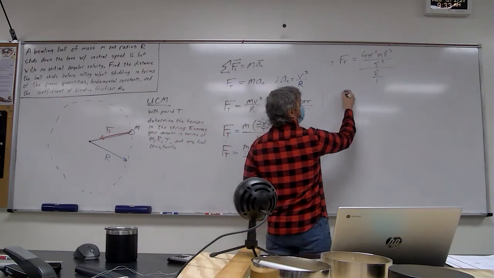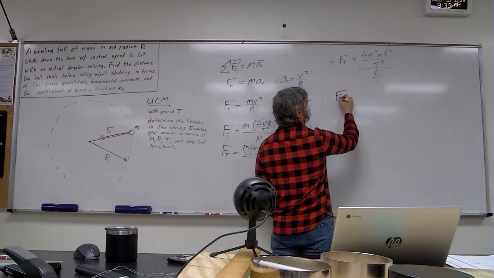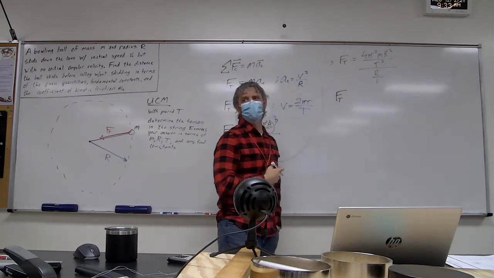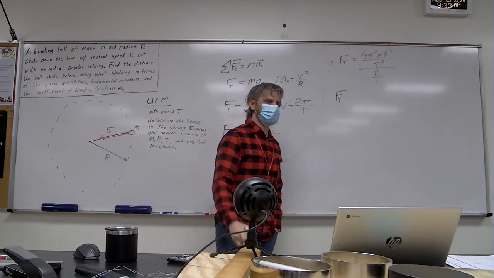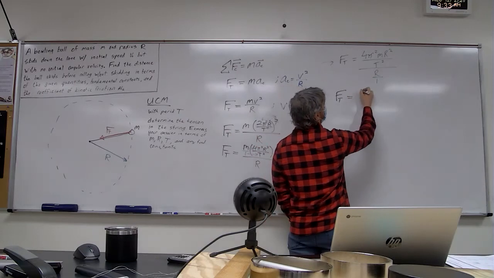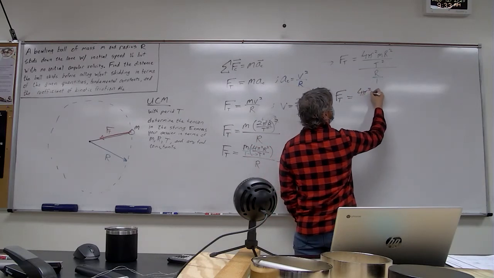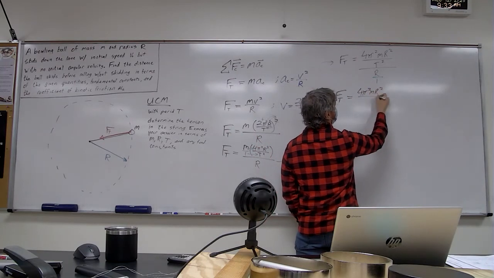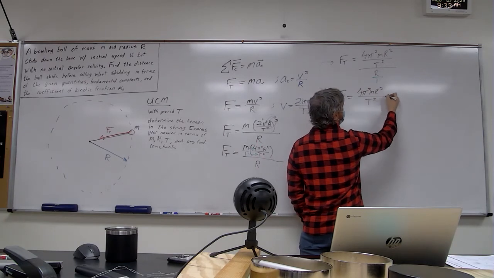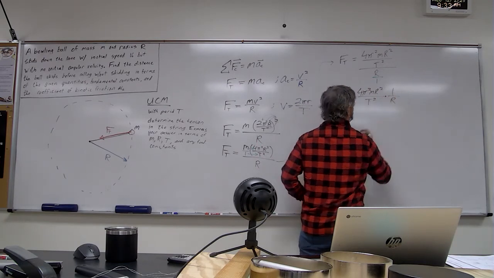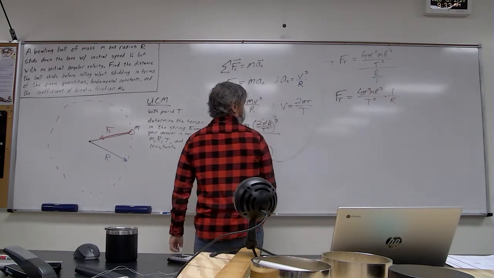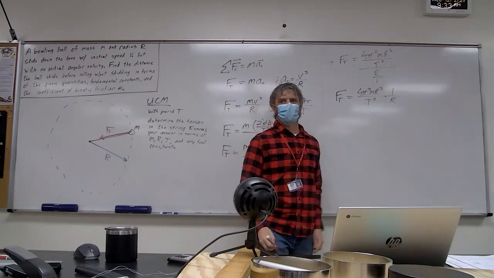And then we can, as Mr. P likes to say, flip the guy and multiply, or just multiply the numerator by the reciprocal of the denominator. So that's 4 pi squared m times r squared over the period squared times 1 over r. And I got a numerator r, 2 of them actually, and a denominator r.